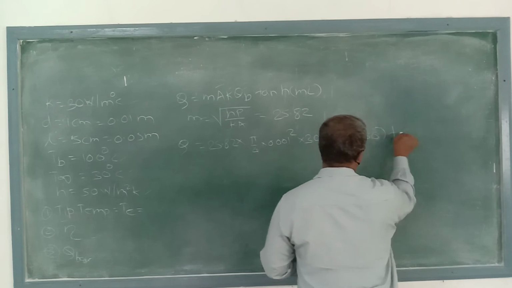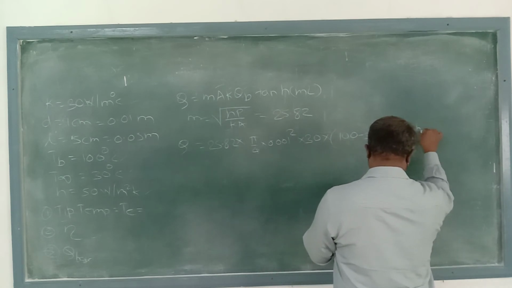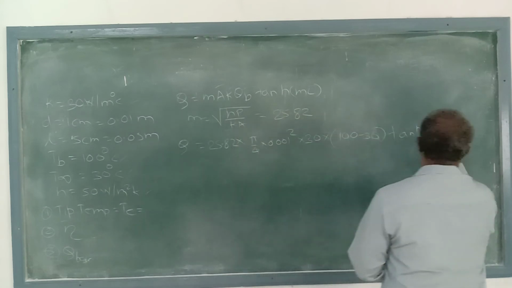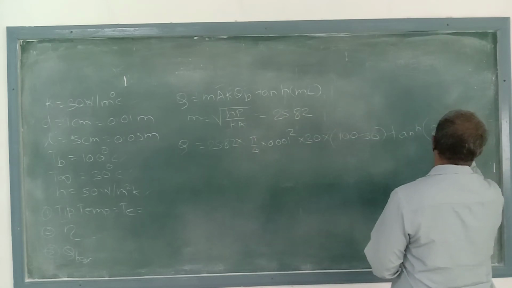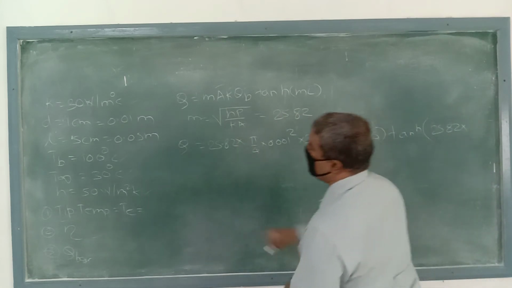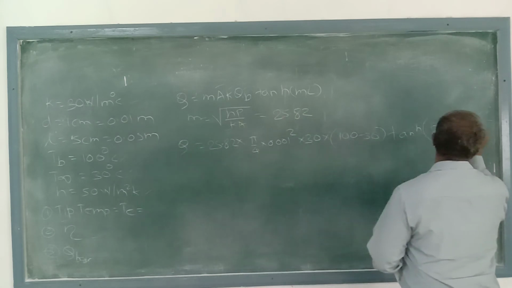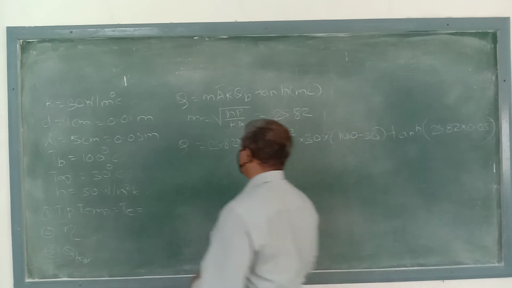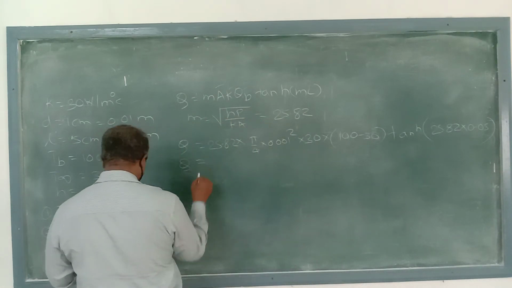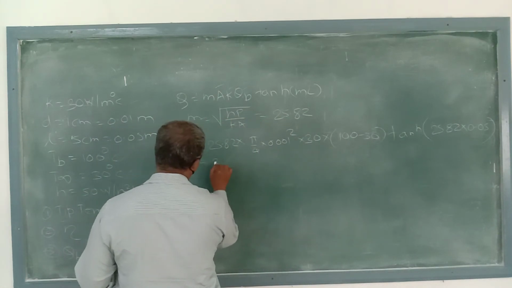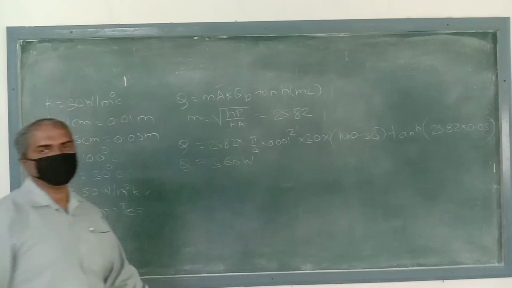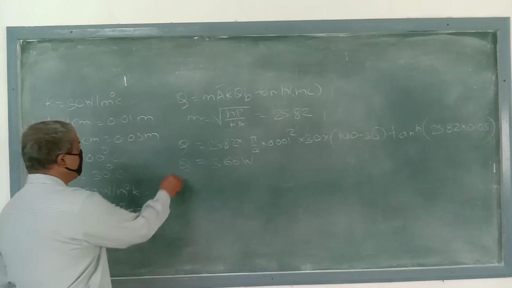Next, tan hyperbolic of the value of m, 25.82, length 0.05. So as we are substituting all the values, we are getting Q equal to 3.66 watt.